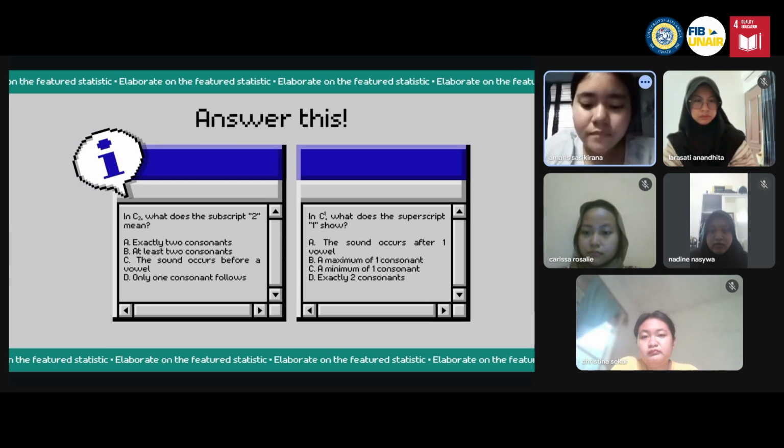Why is that the answer? Because the superscript gives the maximum number allowed. This usually shows in a lighter or simpler environment. If a word only has one consonant, then it has to be a superscript. It cannot be a subscript. The subscript only applies when there are two or more consonants. Okay, next please.